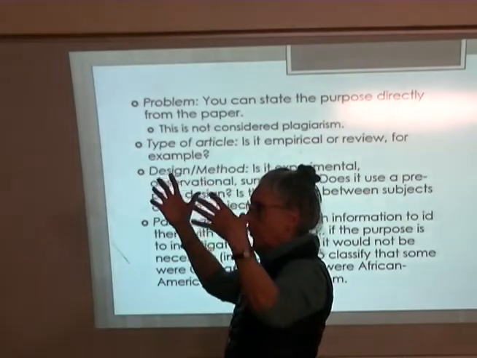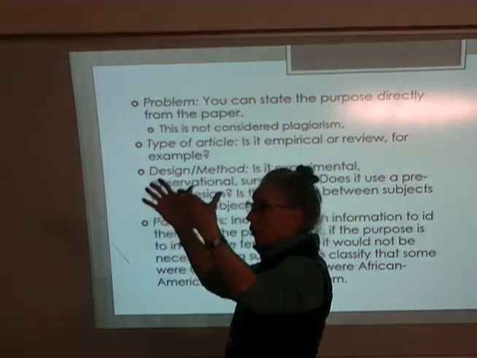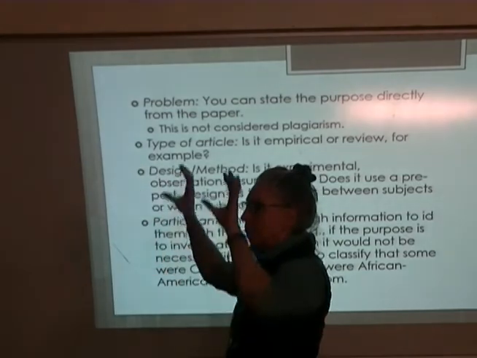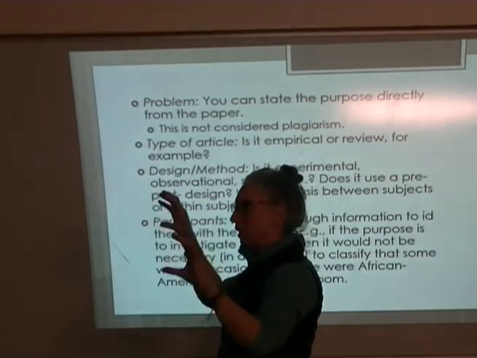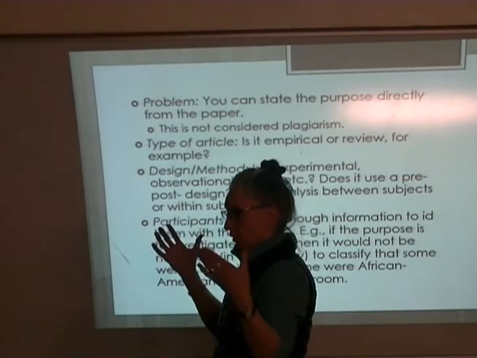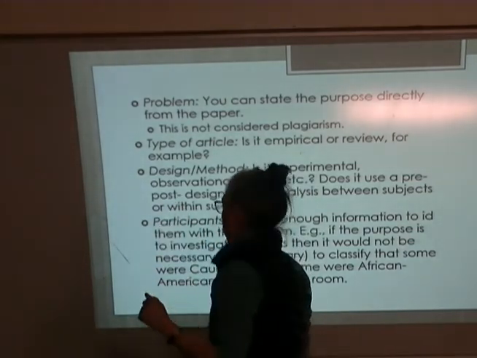So usually they'll use a mean of whatever the measurement is, and they'll compare the means for the two groups to see which group improved the most, for example, right?